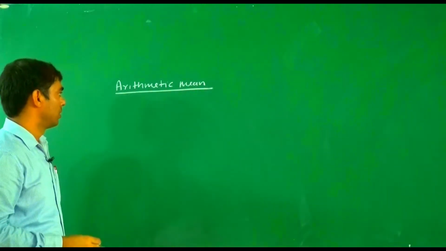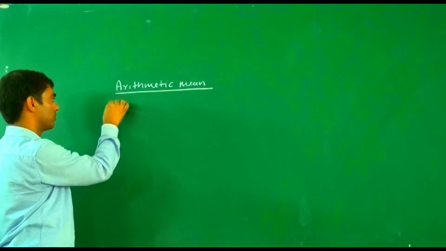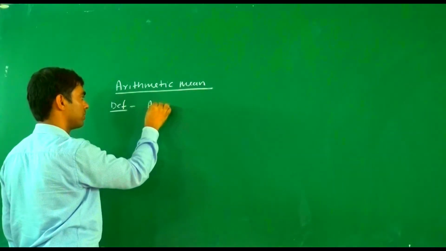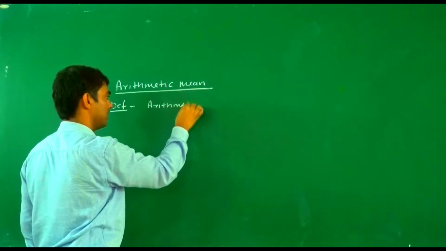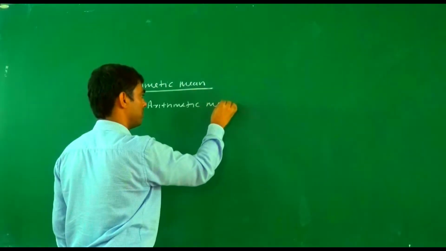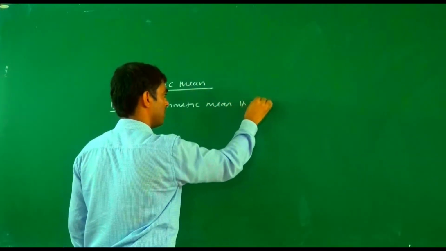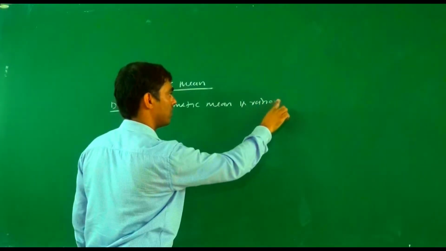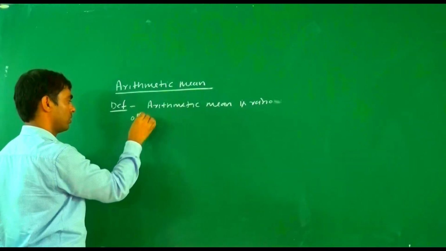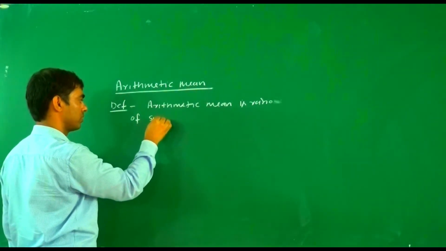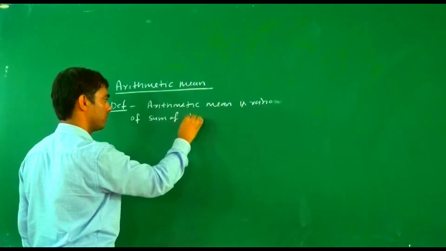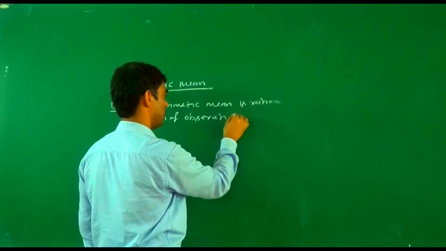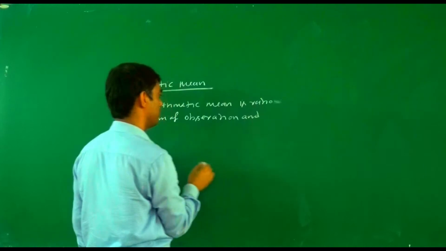So, arithmetic mean is a what? What is the definition of this one? If we try to define arithmetic mean, arithmetic mean is the ratio of the sum of observations and the number of observations.